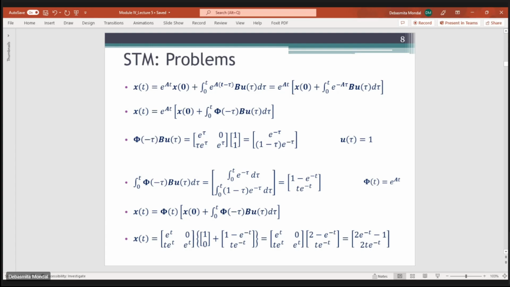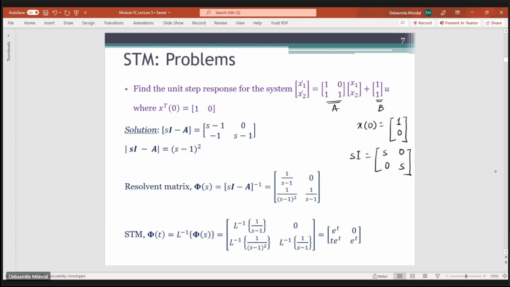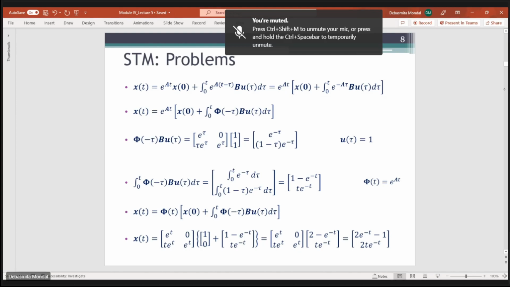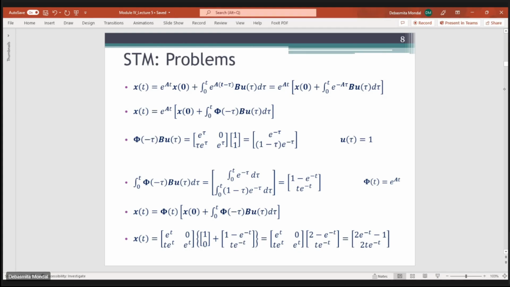Phi of minus tau you can find, since you already know phi of t. That means phi of minus tau is obtained by substituting the value of t with minus tau. So this would be the expression for phi of minus tau. B is also known to you, and u of tau is equal to 1 because it is given that the input to your system is a unit step input.